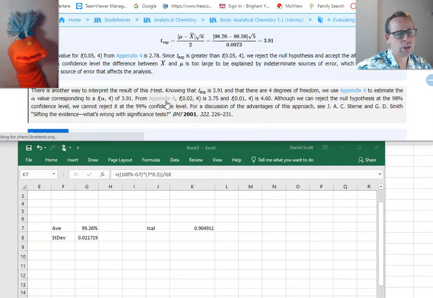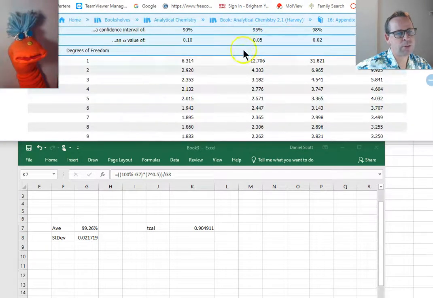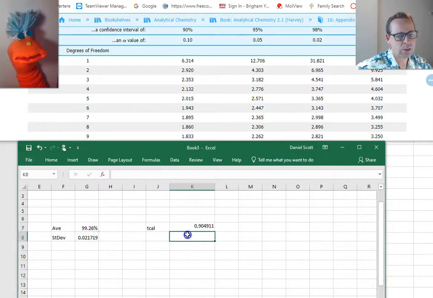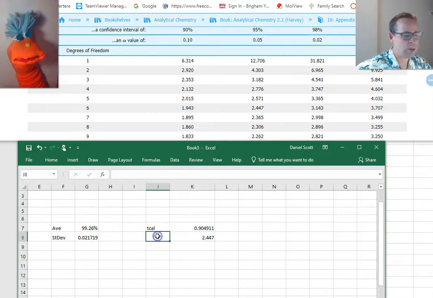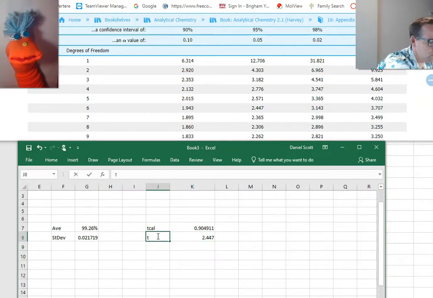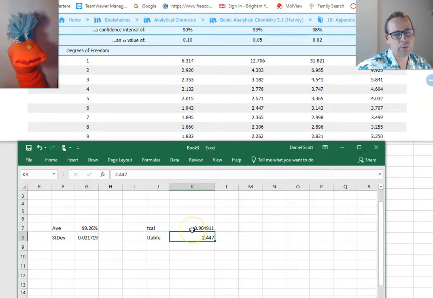So I go to my table here. I get to 95%, degrees of freedom 6, 2.447. All right. So this is our t table. Our t table suggested that our value would be 2.447, right? But we got a t calc of 0.904.